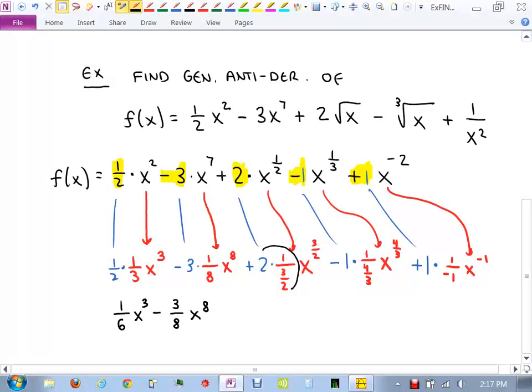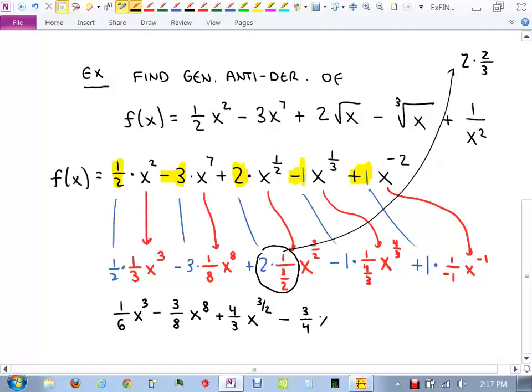So this right here is really 2 times 2/3, which is 4/3. So plus 4/3 x to the 3/2 minus, again, 1 over 4/3 is 3/4. So 3/4 x to the 4/3.